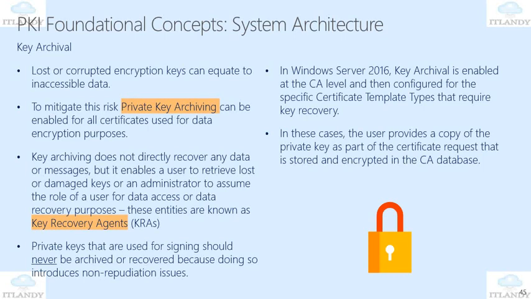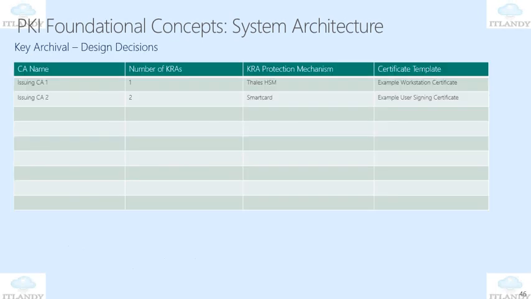In these cases, the user provides a copy of the private key as part of the certificate request that is stored unencrypted in the CA database. Similar to the previous ones, table: smart card, number of KRAs or agents, certificate template, and then you can create it. This is part of the design itself.